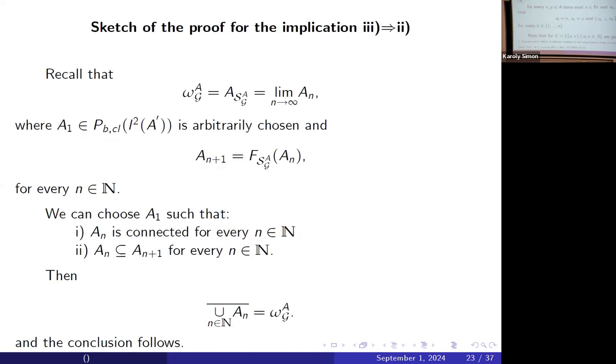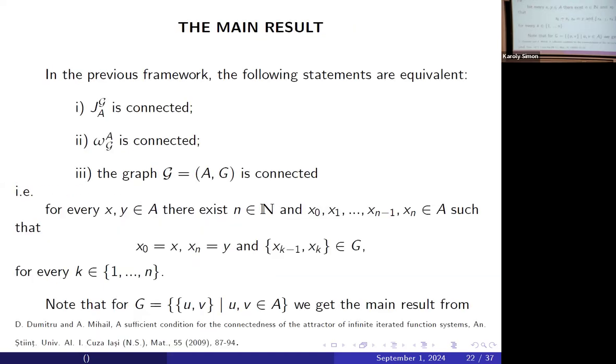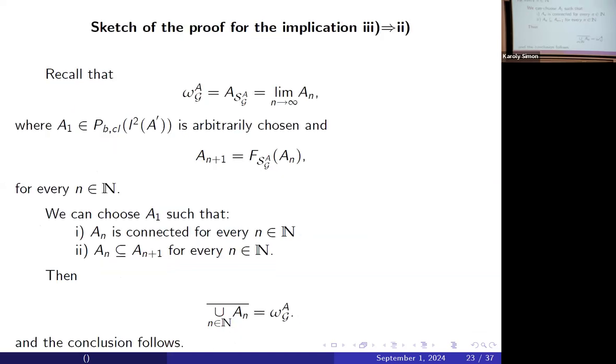First of all, about the implication, 3 implies 2. So here the big idea is the following. If I want to look at omega Ag, this is actually the attractor of the system. So this means that it is the limit of the sequence AN, which is given in this way.